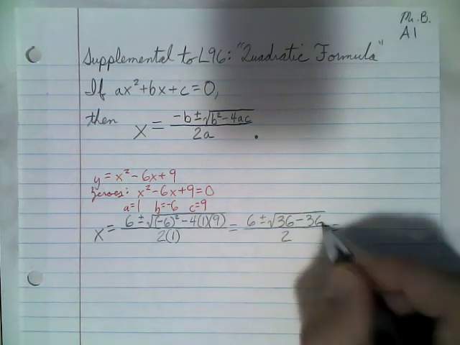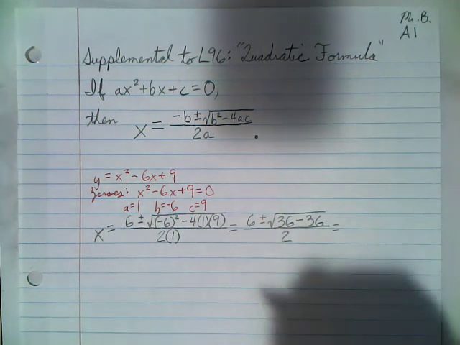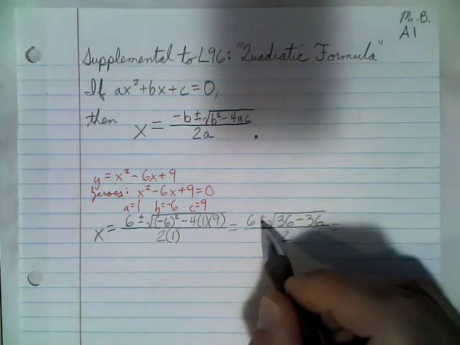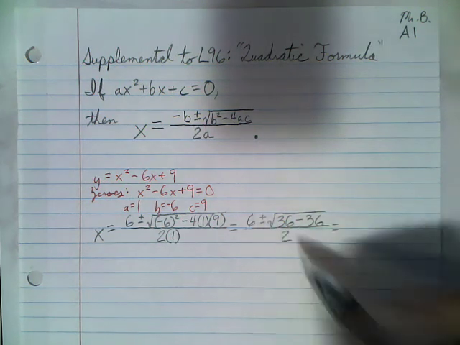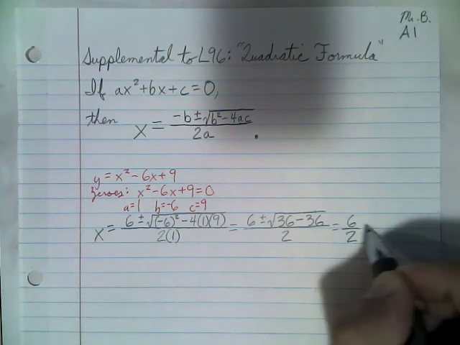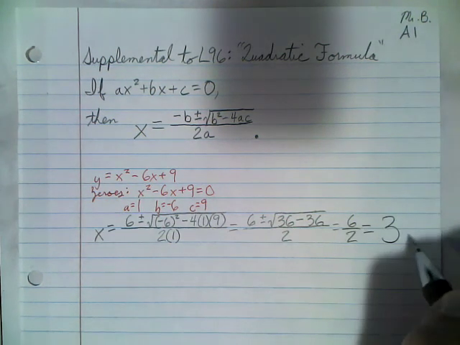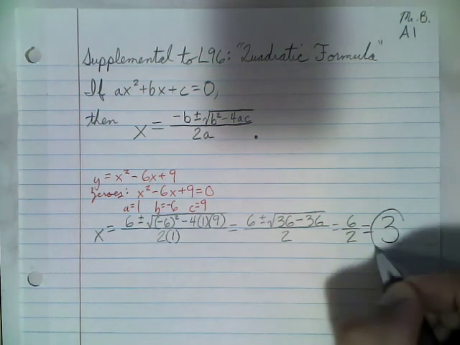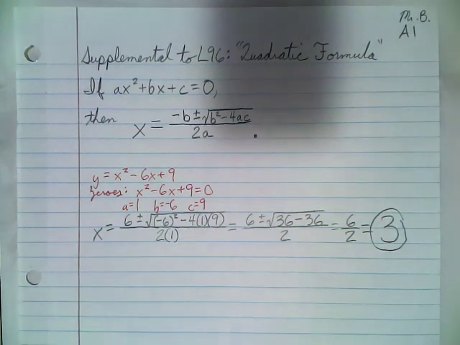Well then, of course, 36 minus 36 is 0, and the square root of 0 is, well, 0. So if you take 6 plus 0 and 6 minus 0, that's really the same thing. So it turns out this one actually just has a single answer of 3. So we only have one 0, and that 0 is at 3.